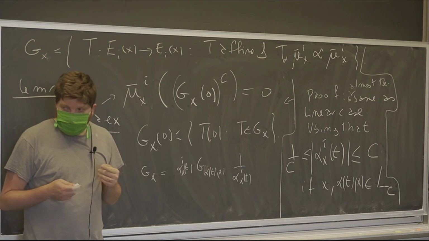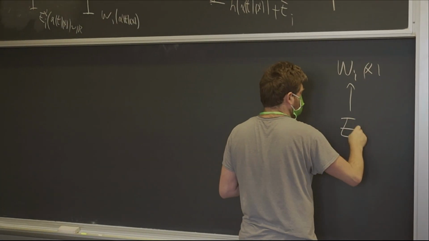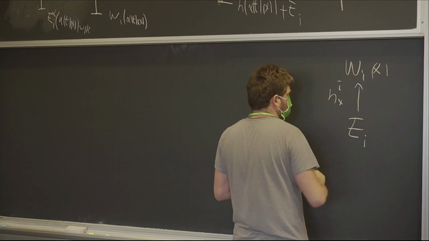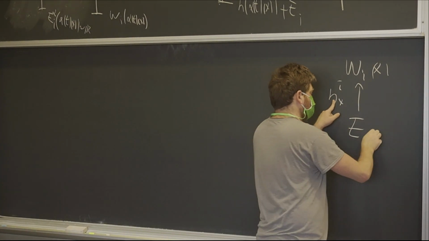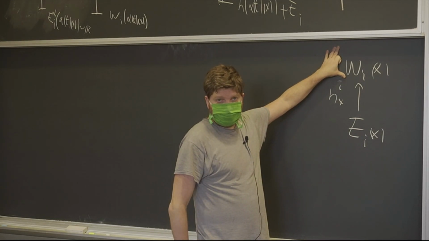So when we call wi of x and we take this parametrization, this very specific parametrization hxi, we are given an affine structure here.